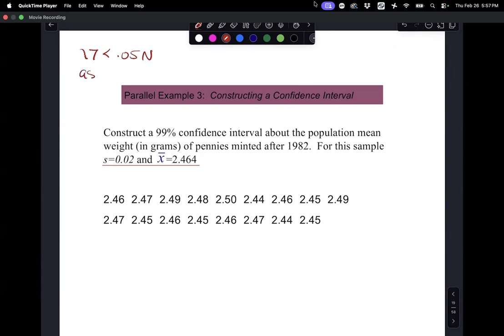We're going to assume normal, and we're going to assume simple random sample. I think it said previously that it was a random sample, but it's not telling us that right now. So we're just assuming these things. If it doesn't say it, we're just going to assume it because otherwise we wouldn't be able to do the work here.